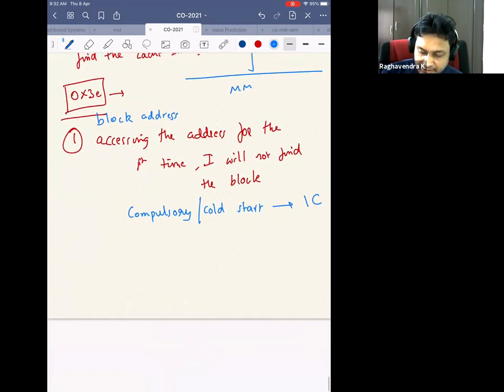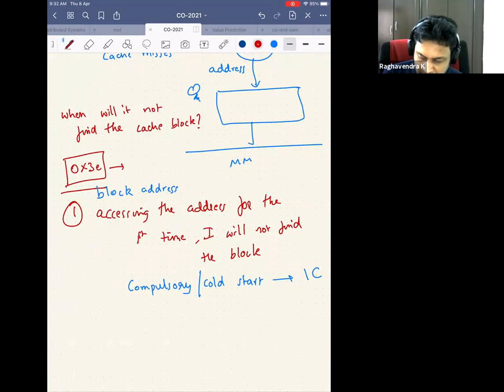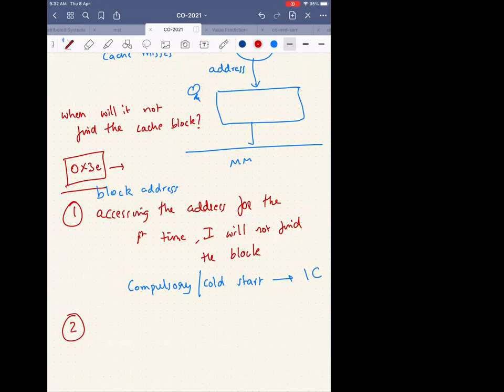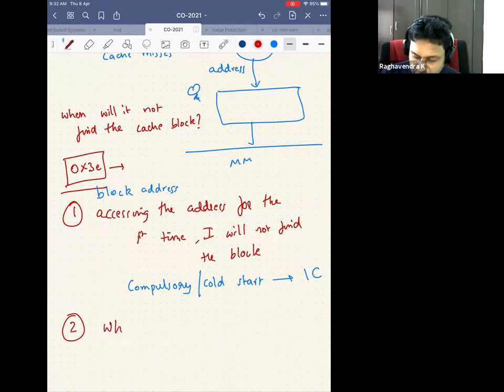The other thing that somebody was saying was, when all the blocks are filled in that set. Yeah. So when I have used up the cache, why will it be a miss?